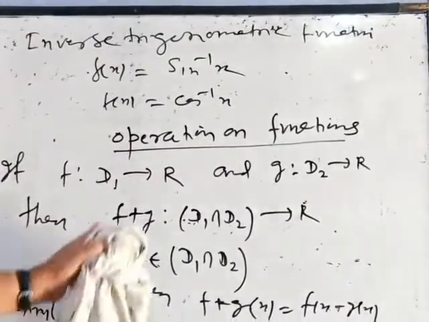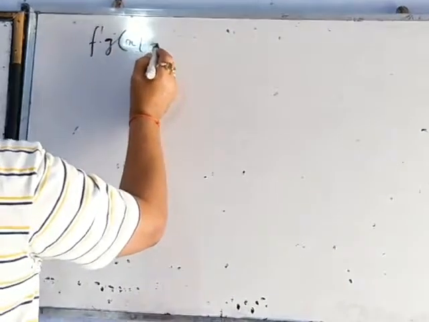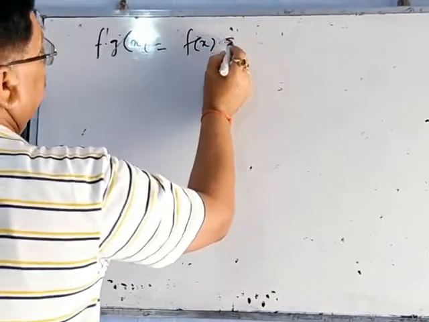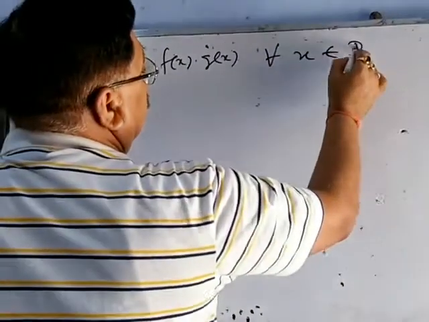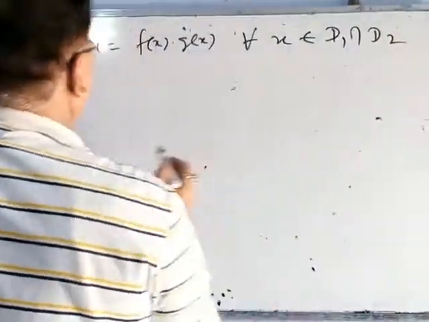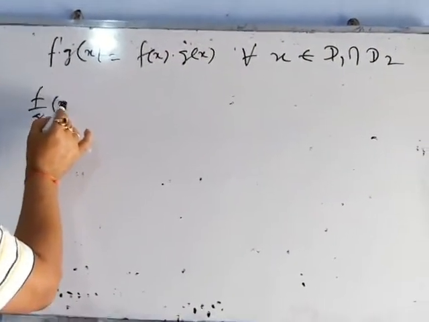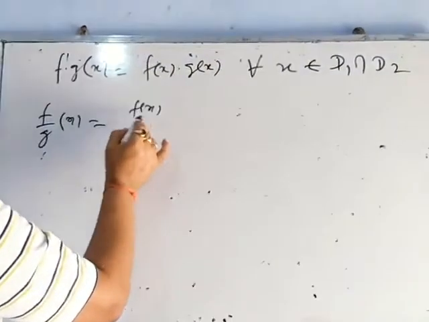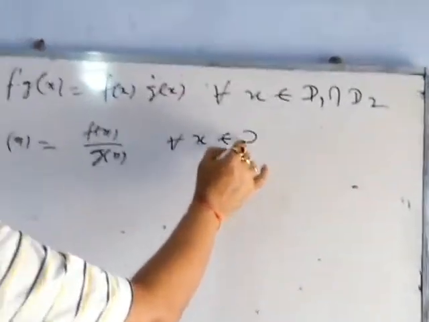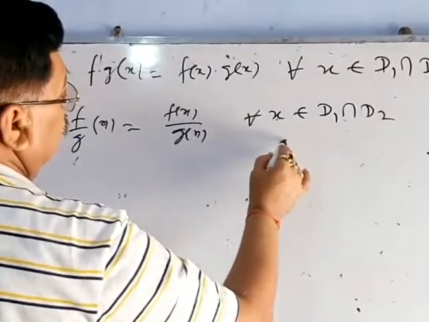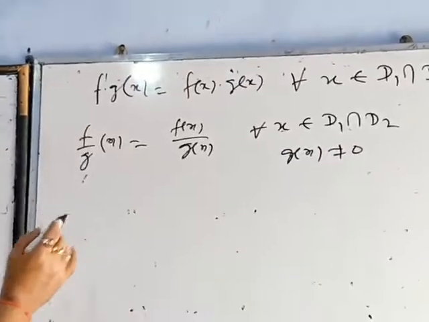Only for the intersection. (f into g)(x) is equal to f(x) into g(x) for all x belonging to D1 intersection D2, and (f by g)(x) is equal to f(x) by g(x) for all x belonging to D1 intersection D2, g(x) not equal to 0.